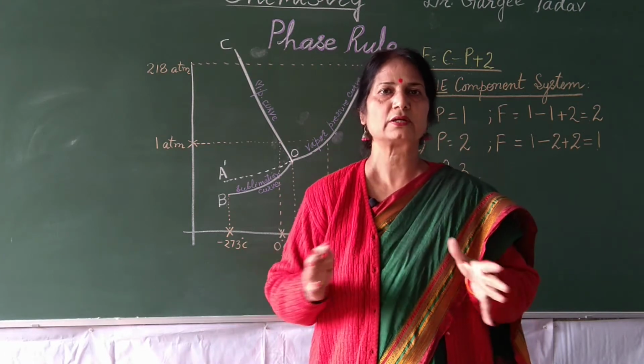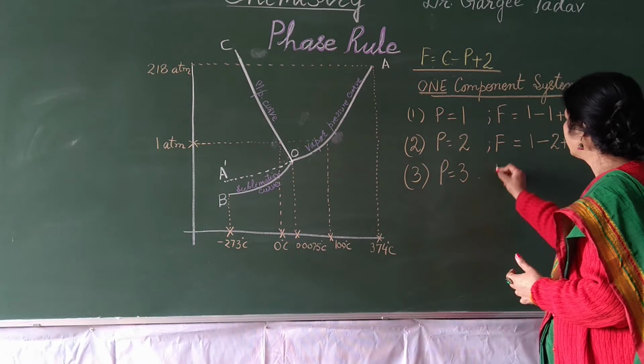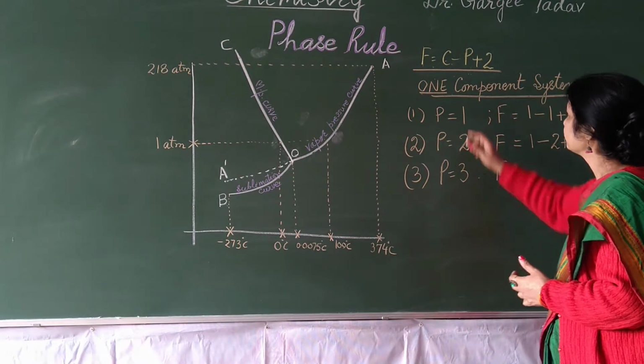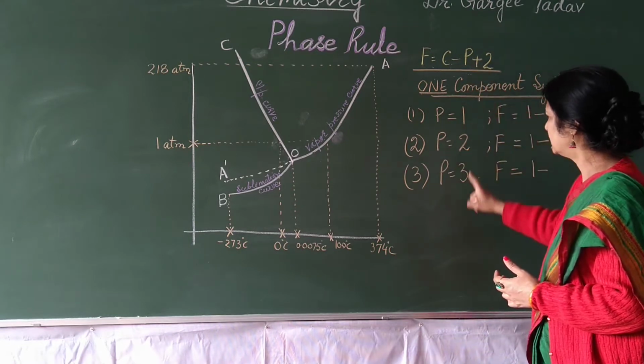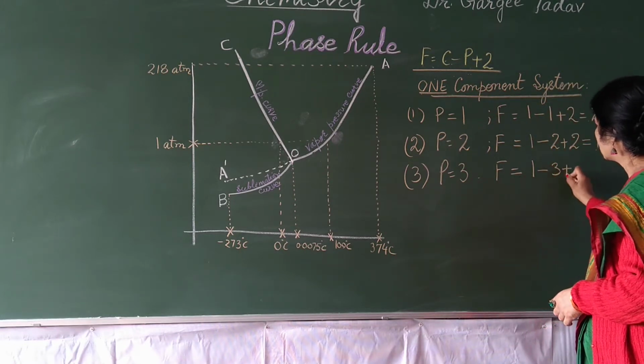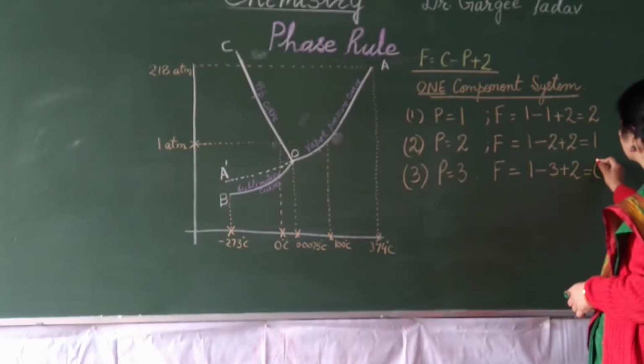These all phases can coexist. Then what will be the degree of freedom? Then the degree of freedom F will be given by C is 1, 1 - 3 + 2, and this comes out to be 0.